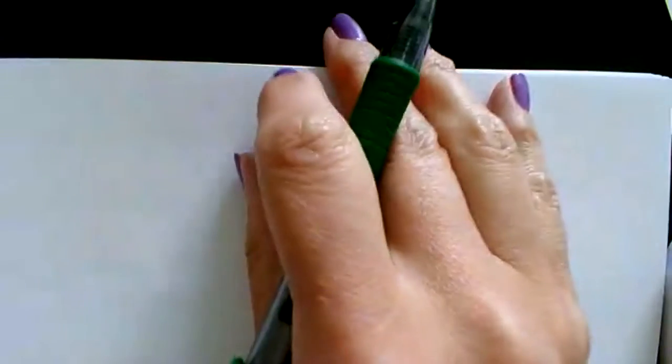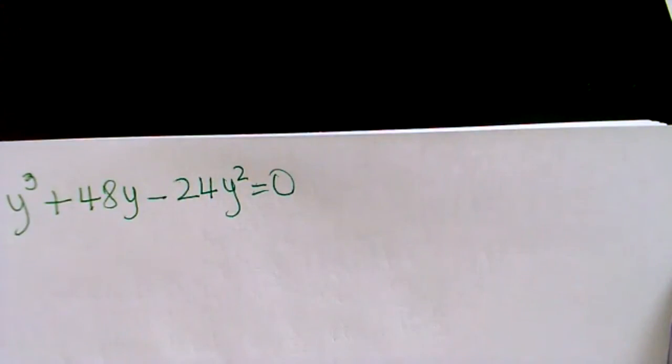No, we gotta do this again. Hold on. This is 39. So we have 3y cubed plus 48y minus 24y squared equals 0. All right? Now, let me just organize this.